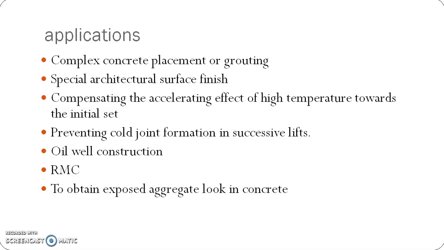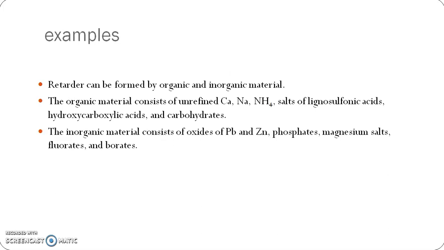Okay, these are the places where retarders are applied. Some examples of retarders: they may be used either in the organic form or in the inorganic form. The organic materials consist of unrefined calcium, sodium (Na), ammonium (NH4) salts of lignosulfonic acids, hydroxy carboxylic acids and carbohydrates.